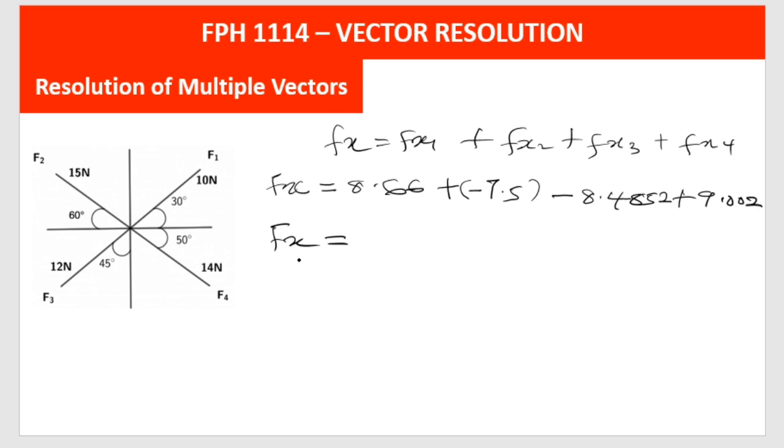So we are going to add all these together: 8.66 minus 7.5 minus 8.4852 plus 9.002.